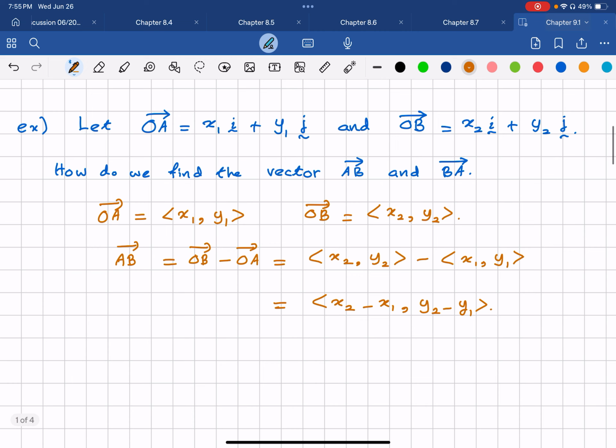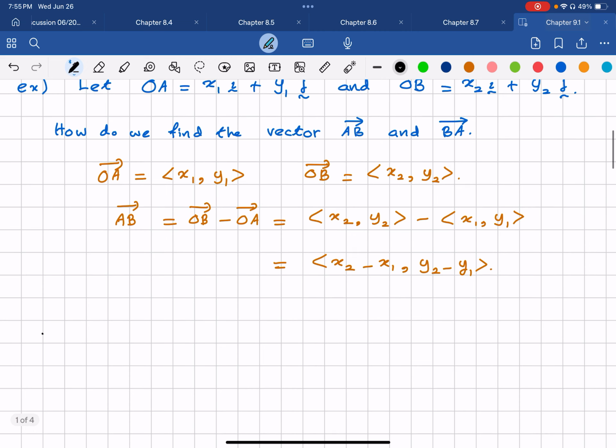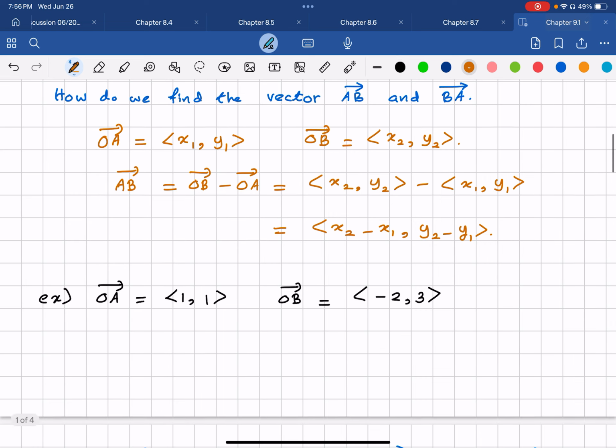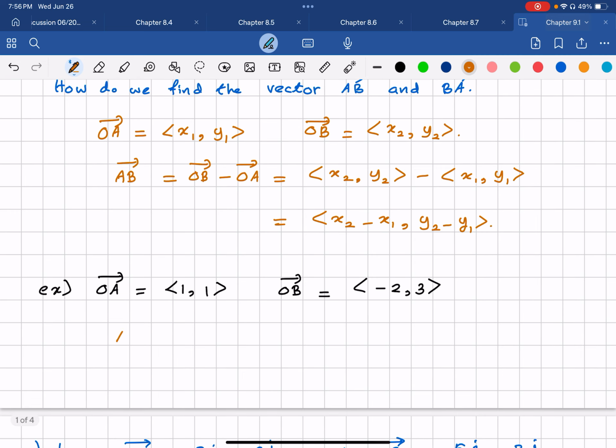I would show you an example. Suppose you have two vectors OA equals (1, 1) and OB equal to (negative 2, 3). Then how do we find the vector AB?